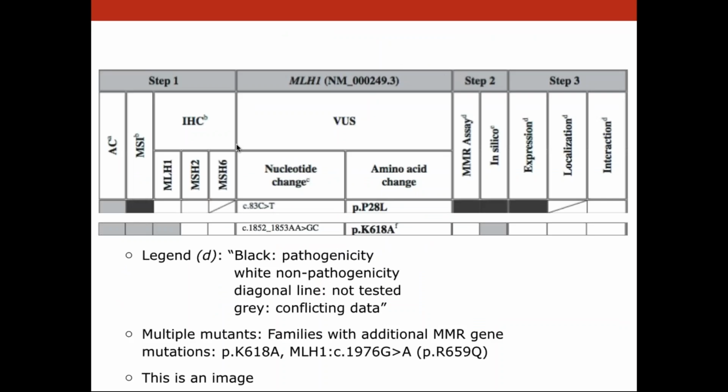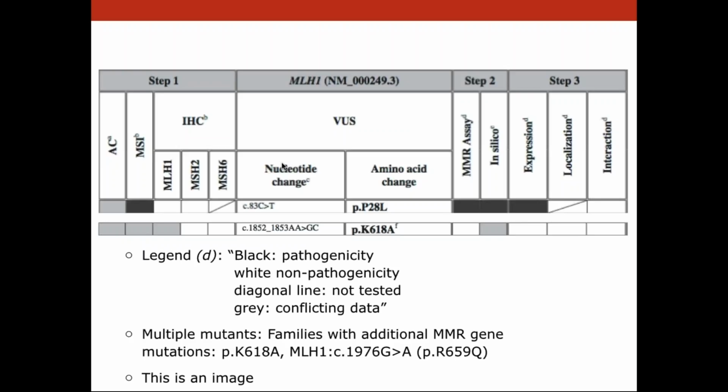This is similar data from a different paper. In this case, they also tested histochemistry, as you see on the left, and they tested in what they call the step 2 MMR assay, which is also testing mismatch repair. It's very similar data, it's just presented in a very different way.